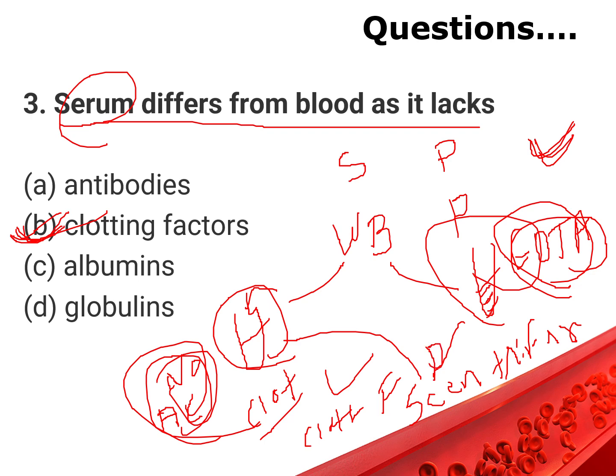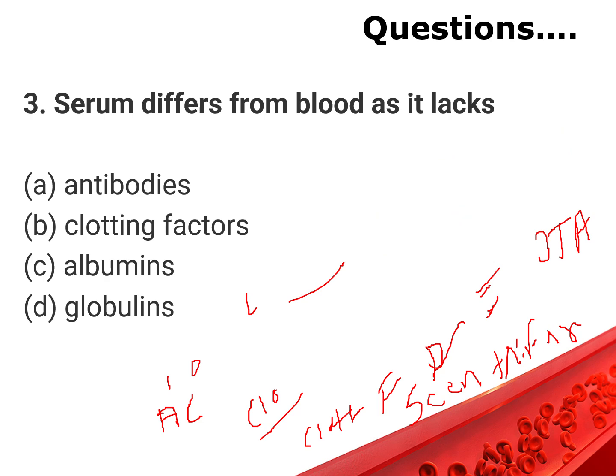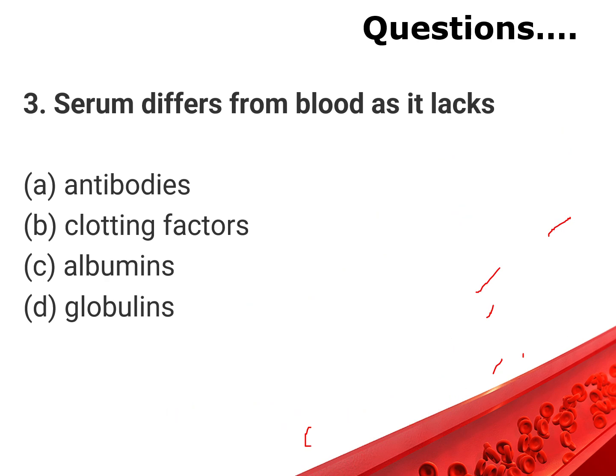Okay, so this was the basic difference between serum and plasma. I hope I was able to clear this doubt. If you still do not understand, let me know. I will explain again in the upcoming sessions.